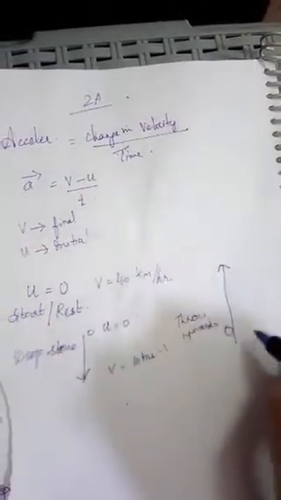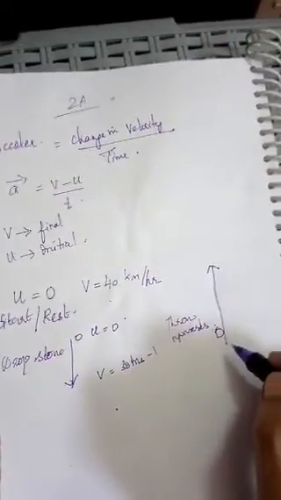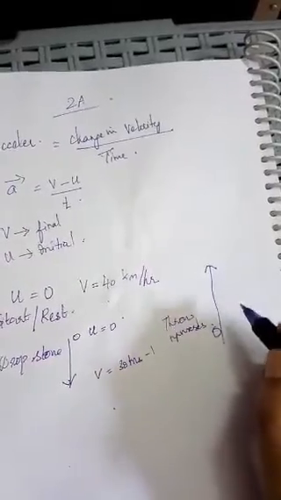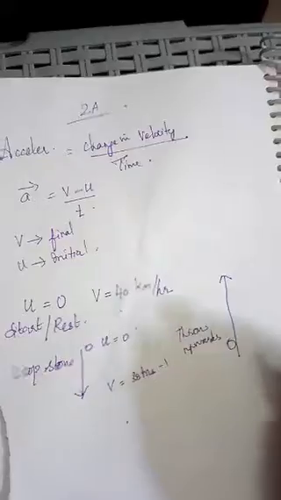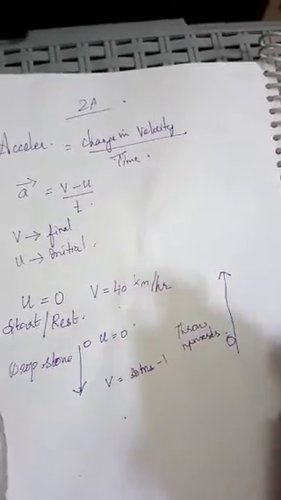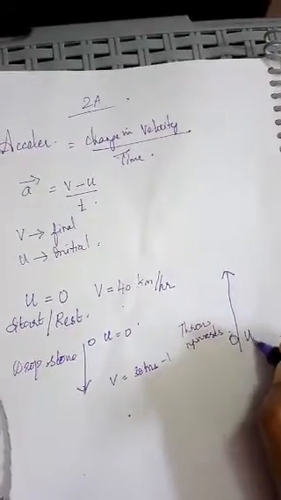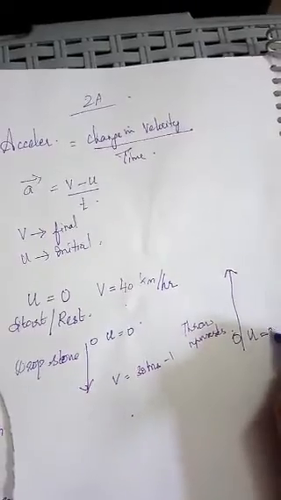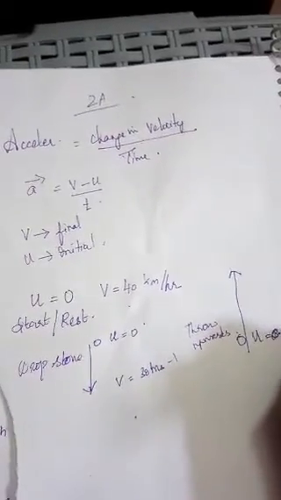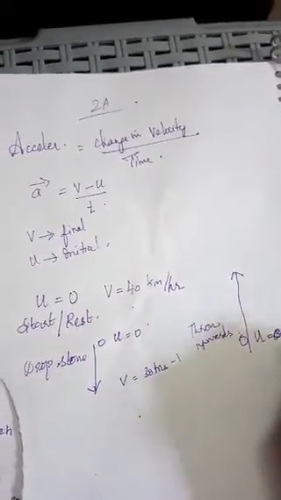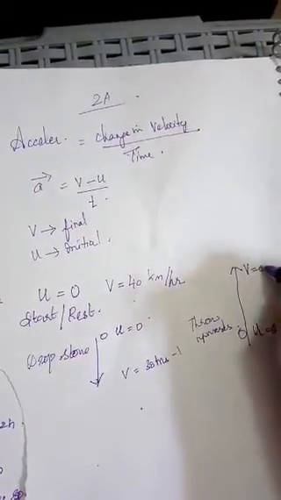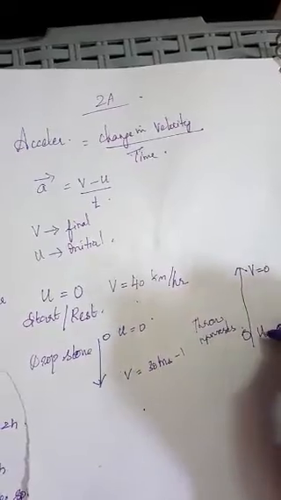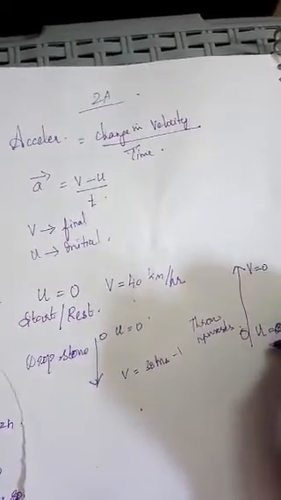So once when you throw, you will have to apply a velocity for throwing up. So let's just try to do it, take a pen, throw up. You feel you will apply some velocity to it. So in this case your u has a value somewhere around 20 m s minus 1. So when this velocity becomes 0, automatically the stone which you're throwing up will come and fall down.